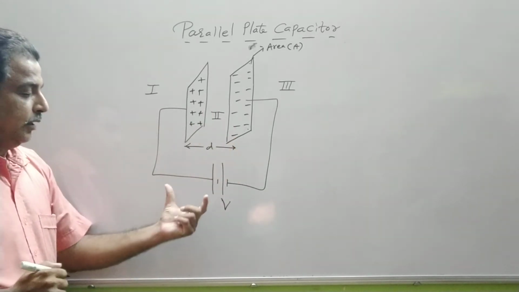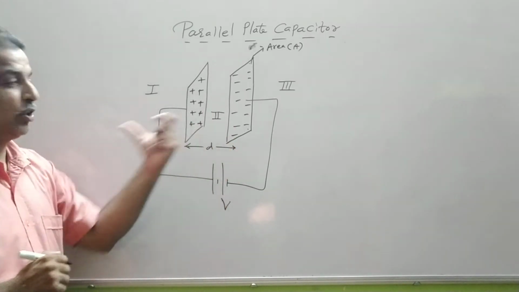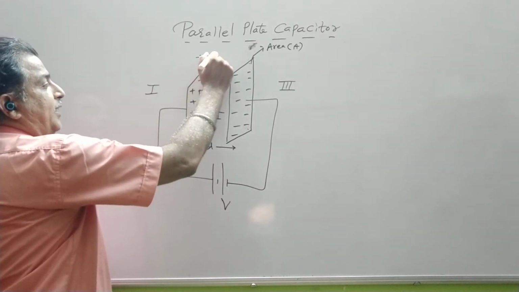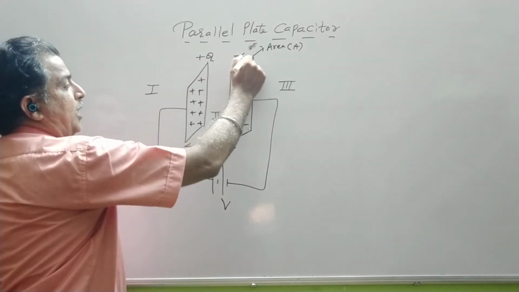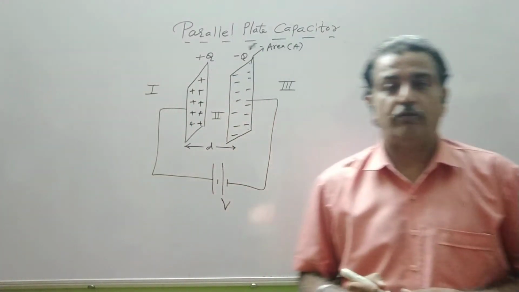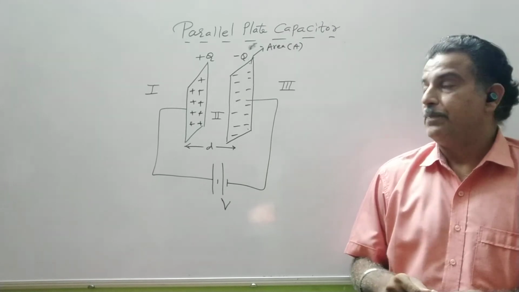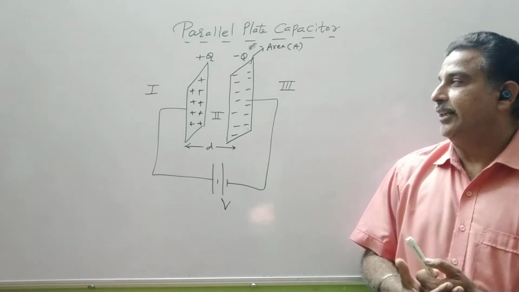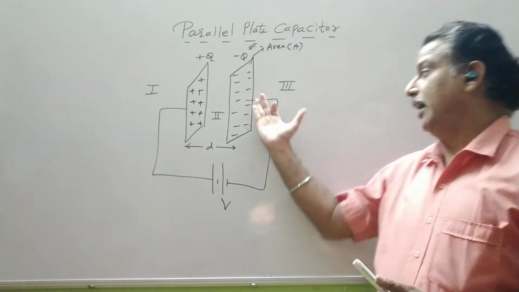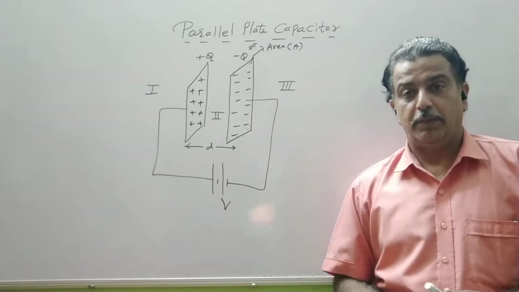Actually, this battery does the work on these plates. Let the charge on this be plus Q and on this be minus Q. We know that the total charge of the capacitor is 0. The surface charge density for this plate is plus sigma, and for this it is minus sigma.